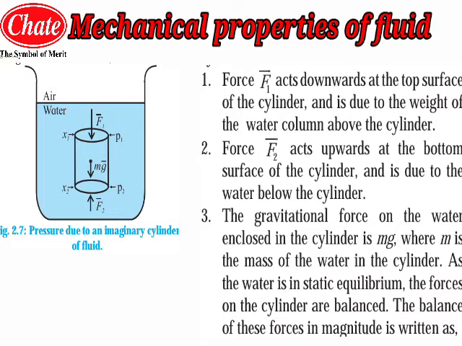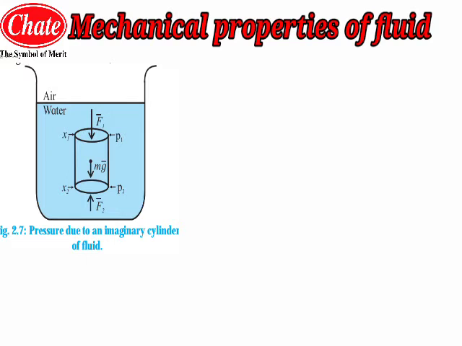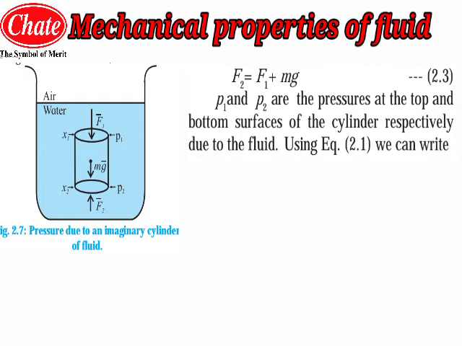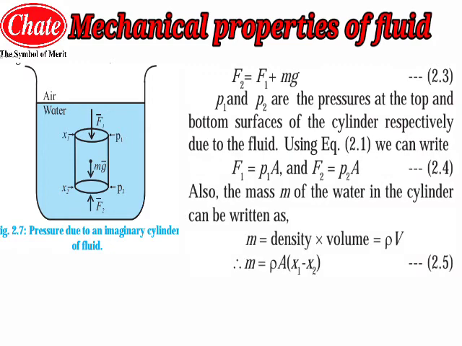Now students, the balance of these forces, their magnitude, is given as you can see: F2 is equal to F1 plus mg, where P1 and P2 are the pressures at the top and the bottom surface of the cylinder respectively, acting due to the fluid.